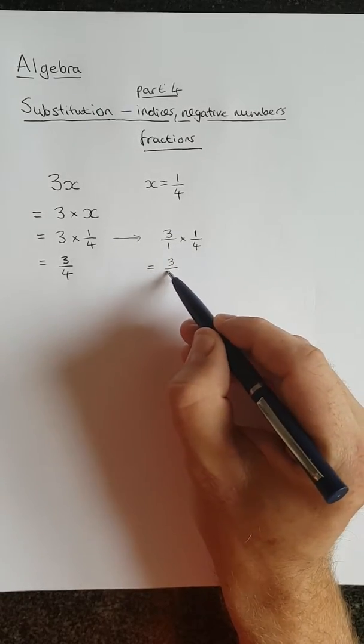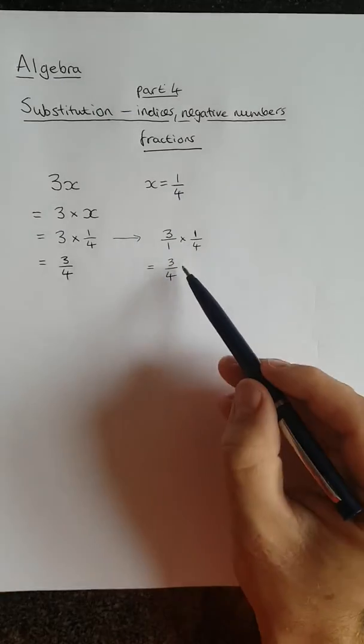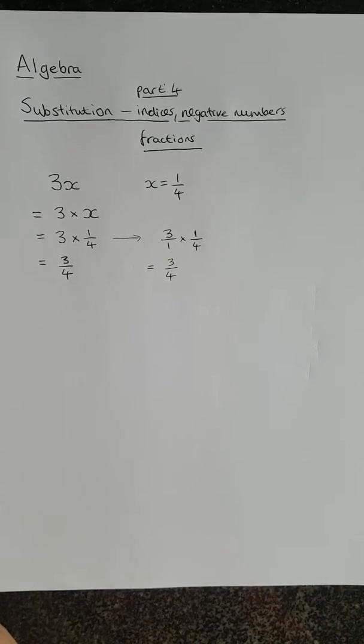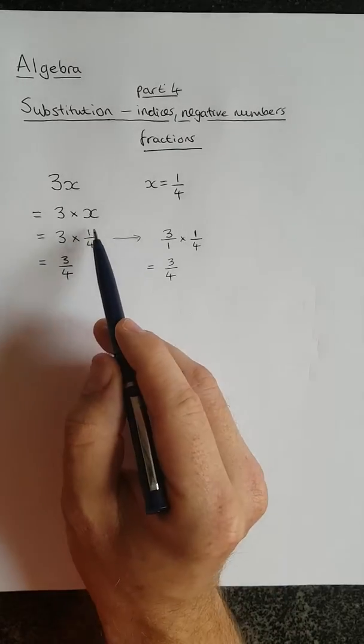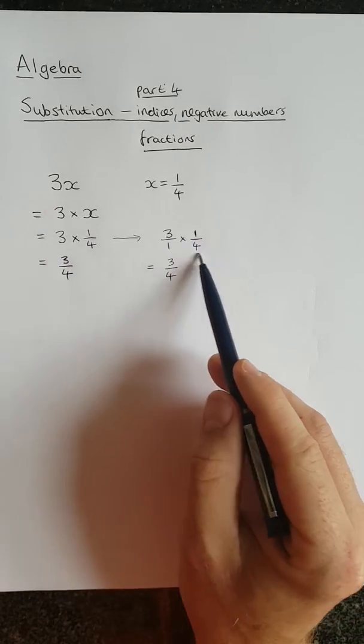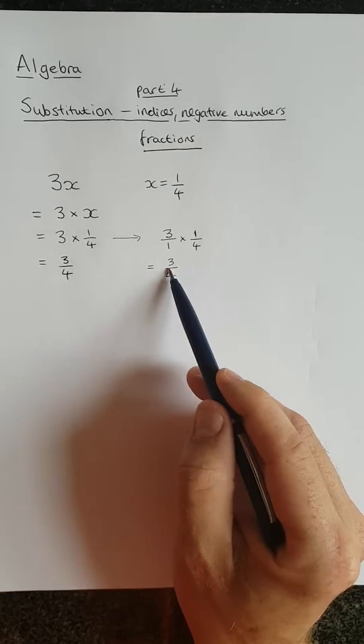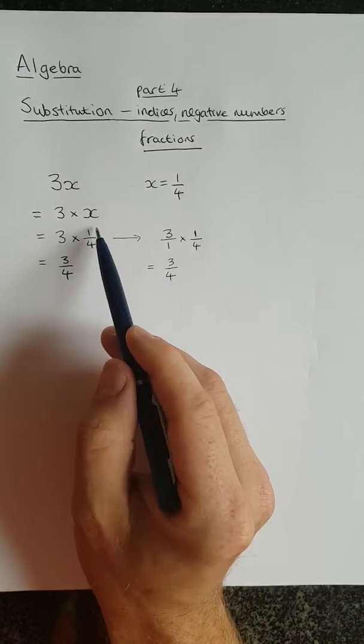So you multiply the numerators and multiply the denominators because there's no cross cancelling. Now in this situation, multiplying the fractions and checking for cross cancelling is okay.